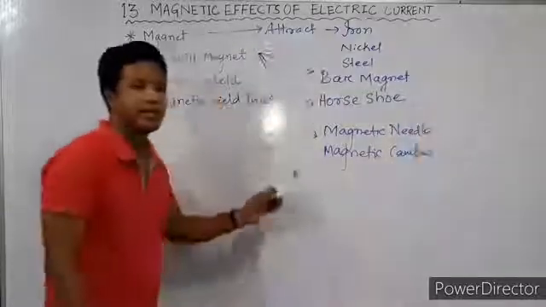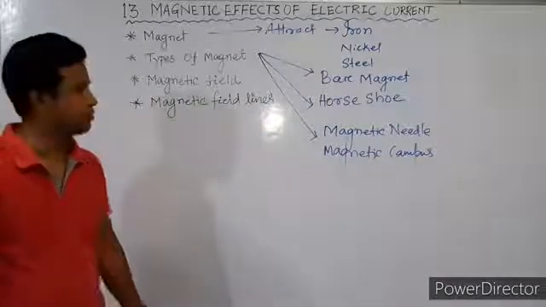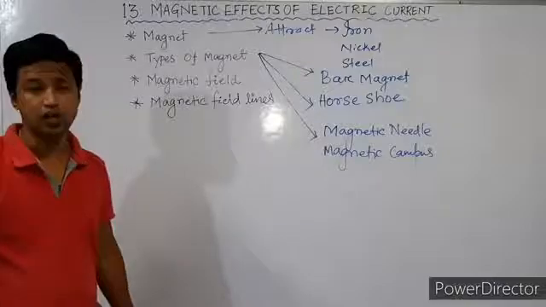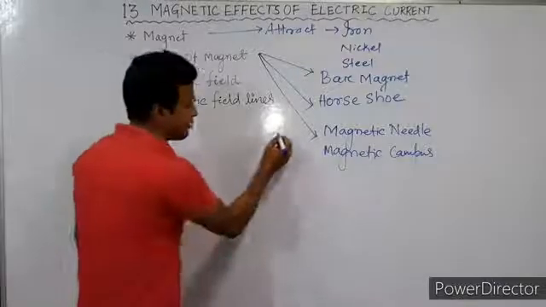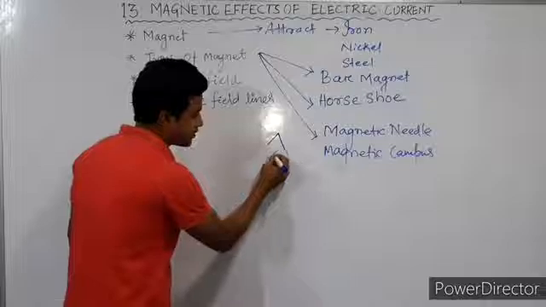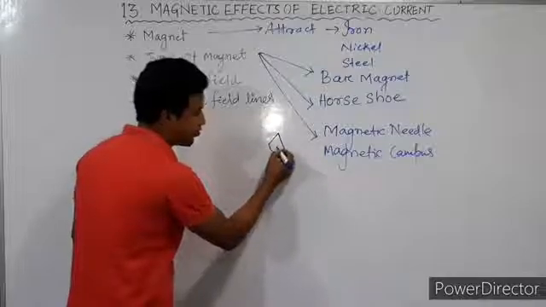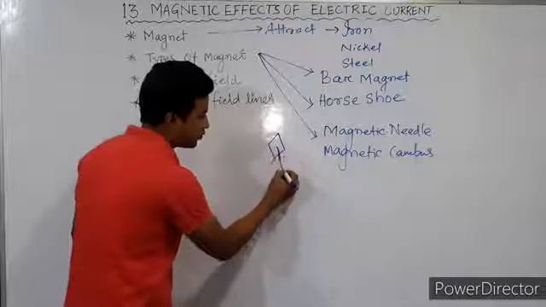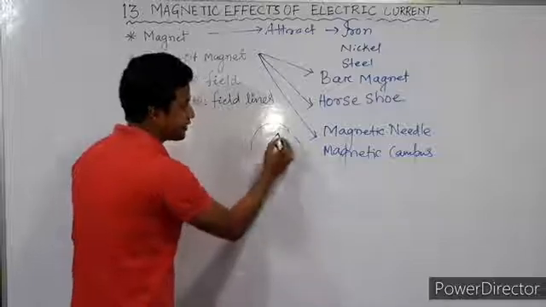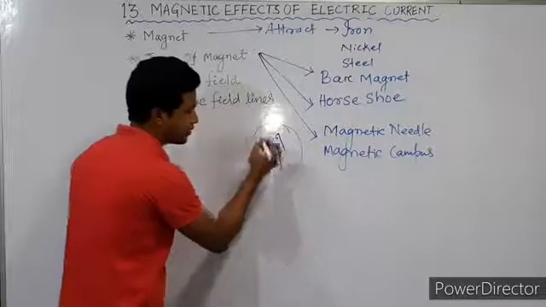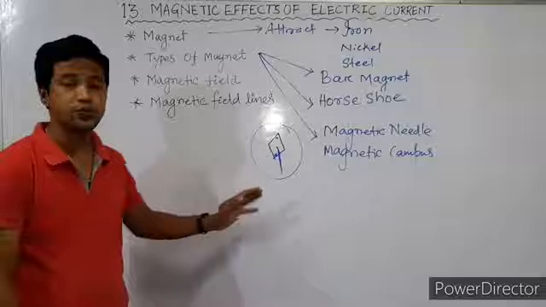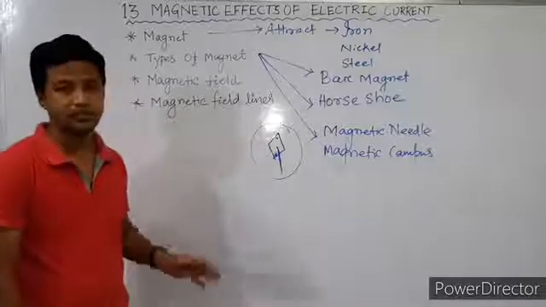What is this magnetic needle or magnetic compass all about? It is a pivot-like magnet suspended over a pole like this. It also has a north pole and south pole. It is used to find out the direction.